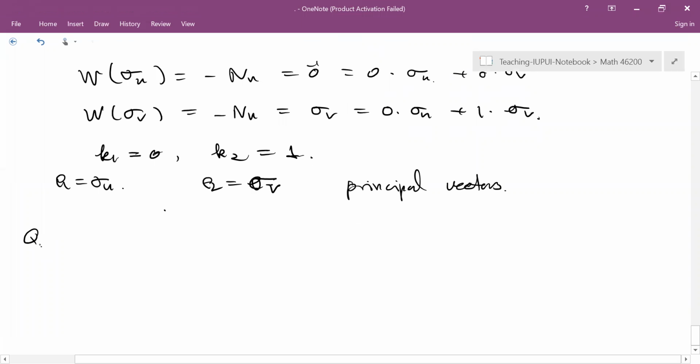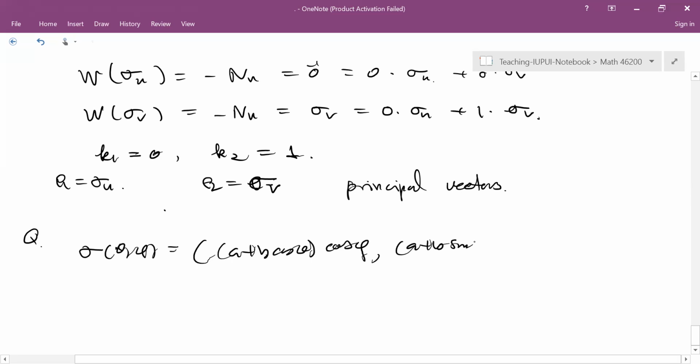This is a surface patch, with theta and phi. It's going to be (a plus b cosine theta) cosine phi, (a plus b cosine theta) sine phi, and b sine theta. And this is actually the torus.